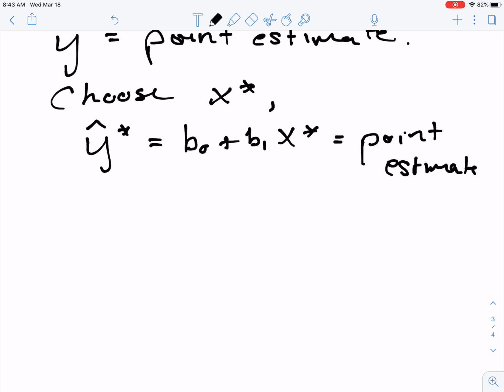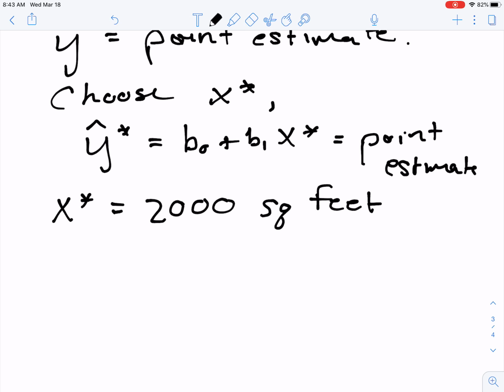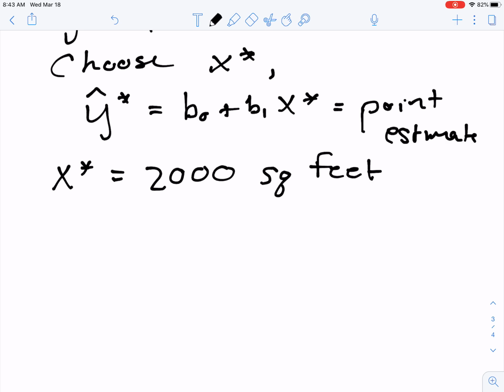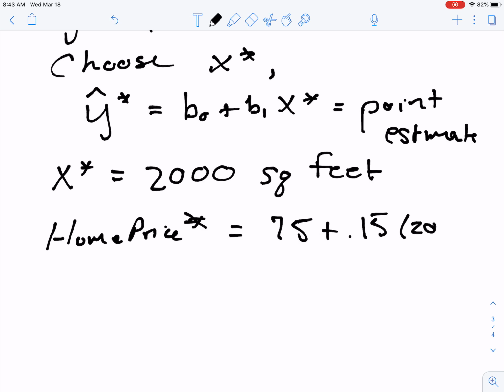Now for example, suppose x star equals 2,000 square feet. And we're going to guess the value of homes that are 2,000 square feet using our sample regression equation. So we have home price star, because that's going to be the home price associated with this x value we picked, equals 75 plus 0.15 times 2,000.